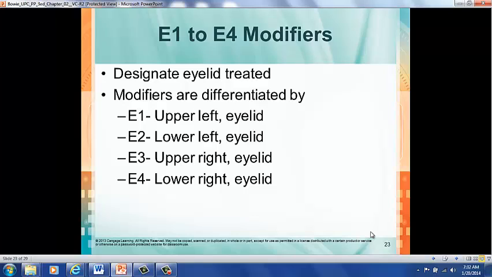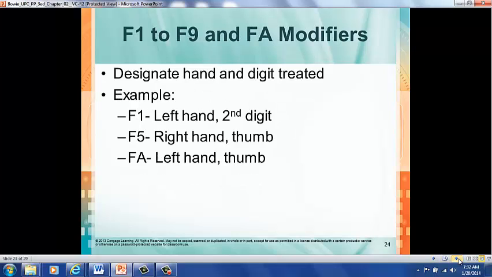Here we see E1 for upper left eyelid, E2 lower left eyelid, E3 upper right eyelid, E4 lower right eyelid. We have F1 for the left hand second digit, F5 for right hand thumb, FA for left hand thumb.